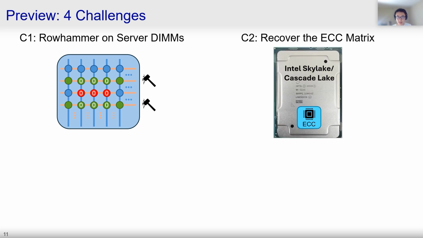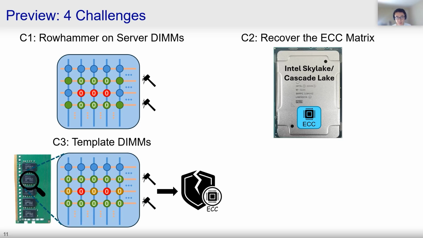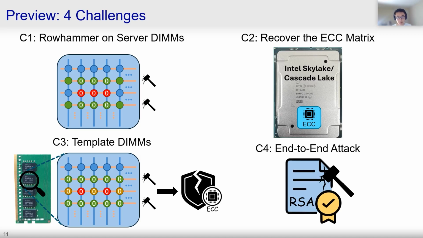After that, we need to recover the ECC matrix to know where to flip so that we can bypass ECC. Thirdly, we need to find a way to template the DIMM to find usable bit flip locations online without crashing the machine. Lastly, we need to combine all the previous steps and build a practical end-to-end attack.